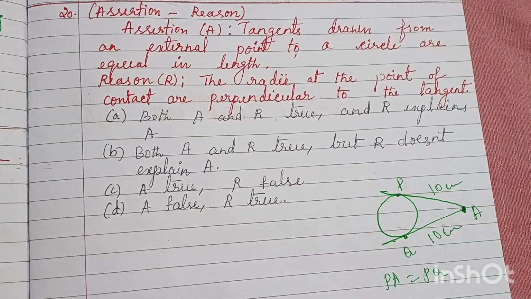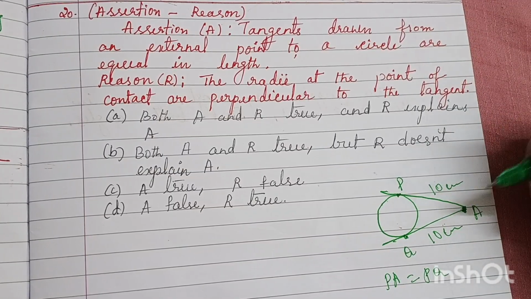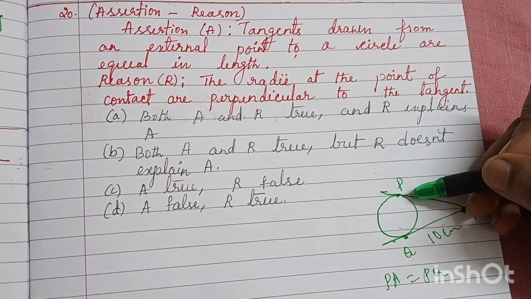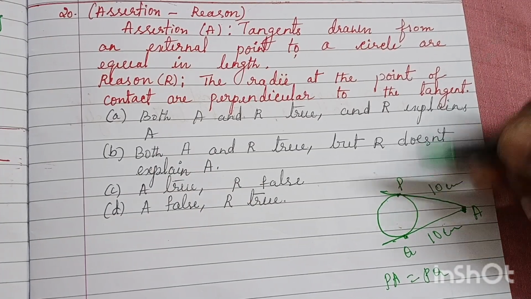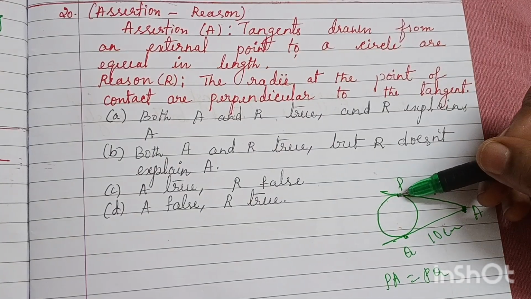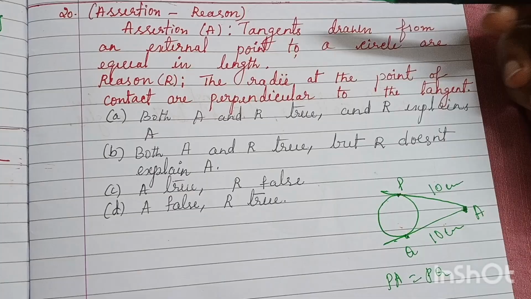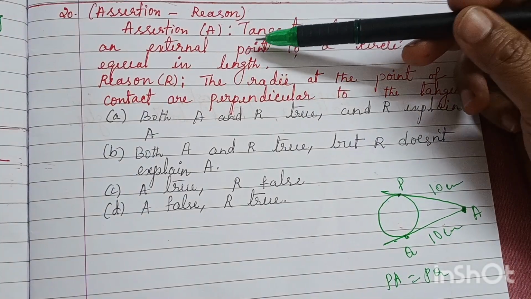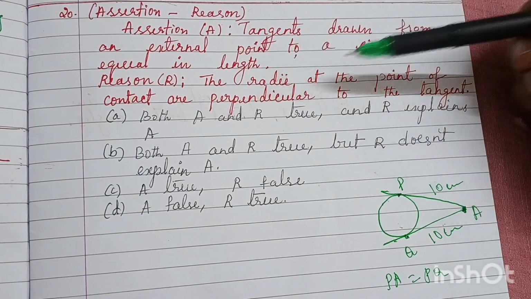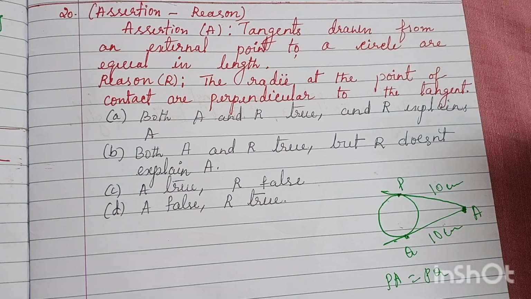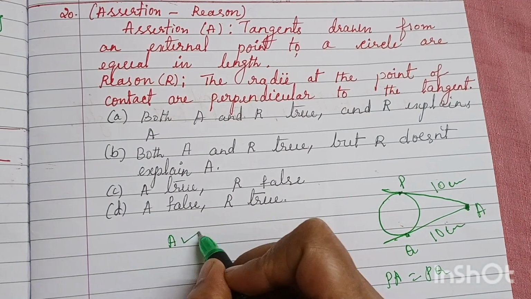Tangent means a line from outside touching the circle, and the touching point we call the point of contact. Equal in length, that is correct. Assertion is true.